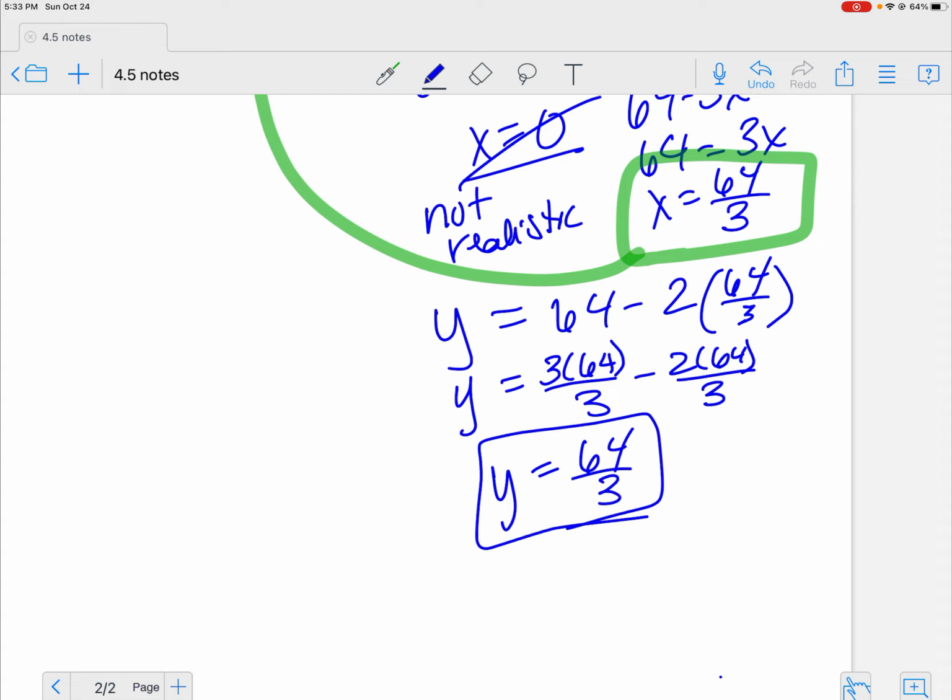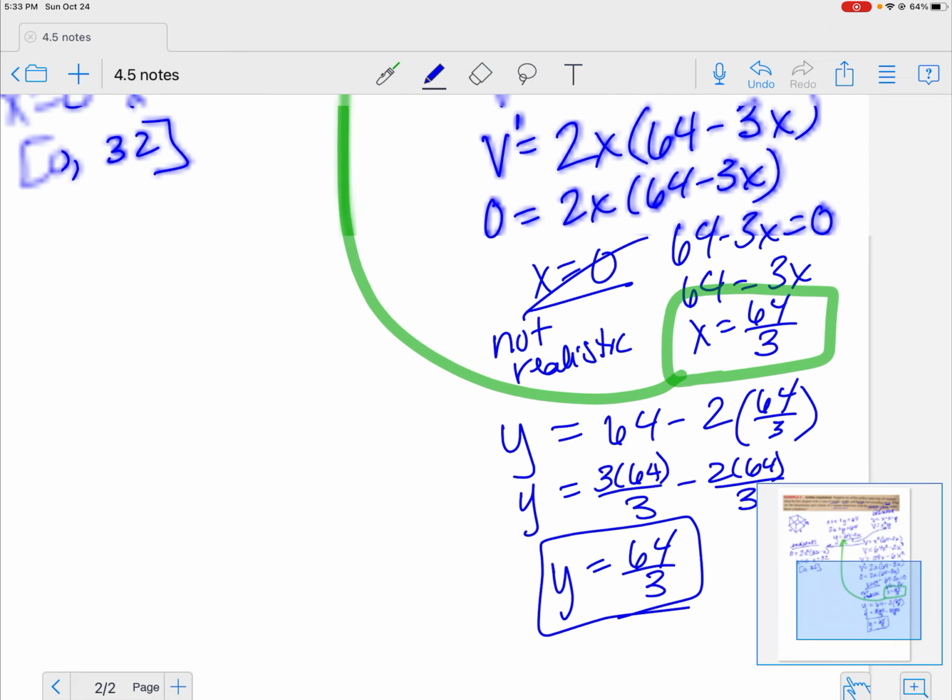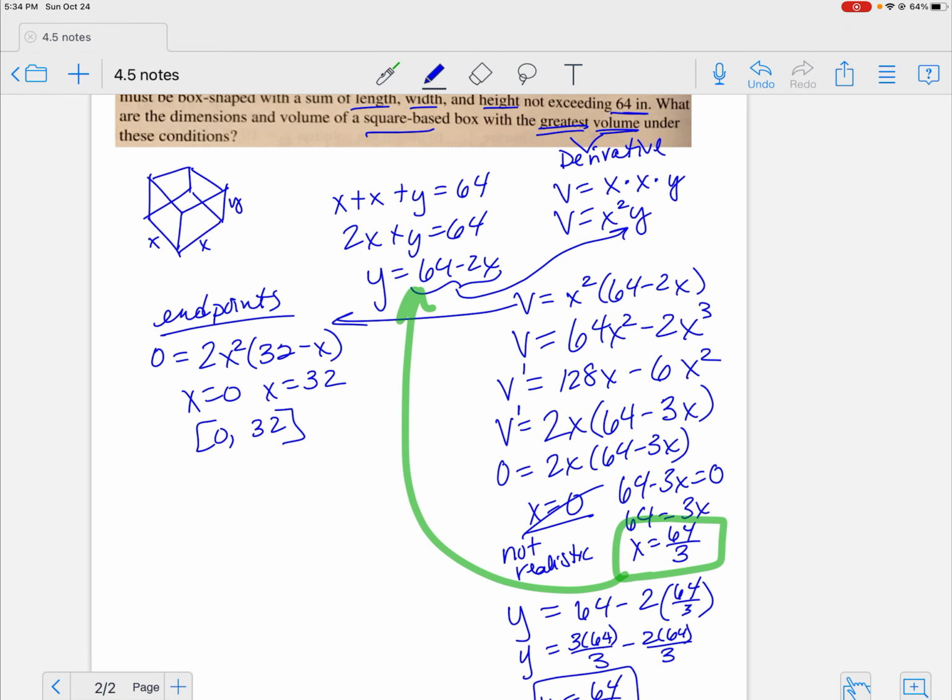All right. Okay, so my dimensions here that I'm looking at are going to be 64 over 3. Let's bring this down. This is 64 thirds inches, and this is 64 thirds inches.